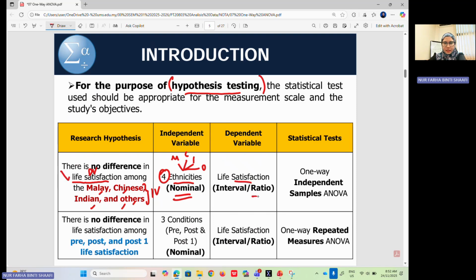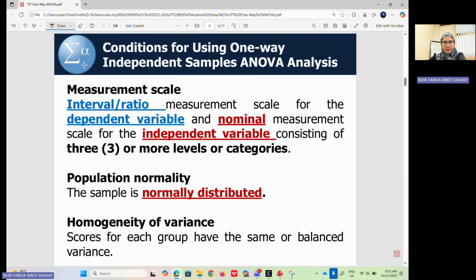It is in the ratio scale because you have collected the data using the Likert scale, remember? So the statistical test you need to use is one-way ANOVA. We focus on the first one only. This one you read by yourself, independent learning, as your activity. Now we focus on the one-way ANOVA for the next slides.